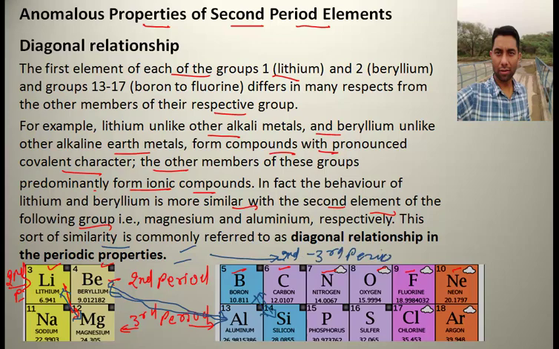Otherwise, a diagonal relationship can be between any two elements, left to right or right to left, but we just take these elements into consideration. Lithium and magnesium, beryllium and aluminium, and boron and silicon show diagonal relationship. So diagonal relationship is the similarity in the properties of the elements which are present diagonally in the second and third periods on moving from left to right.